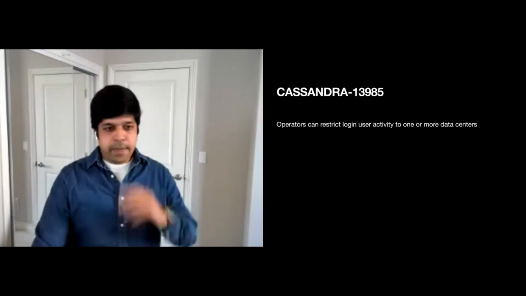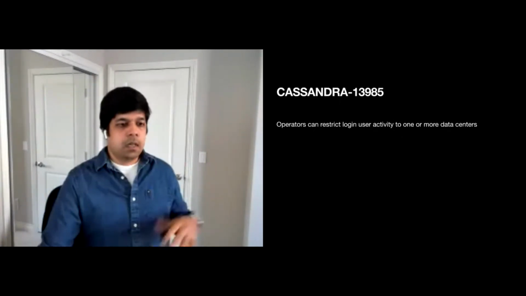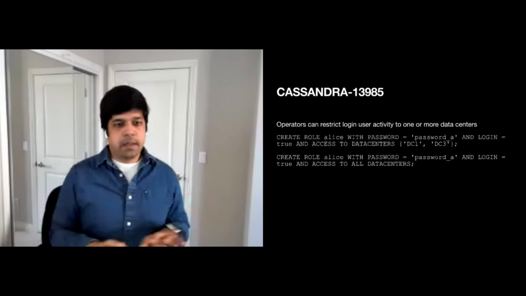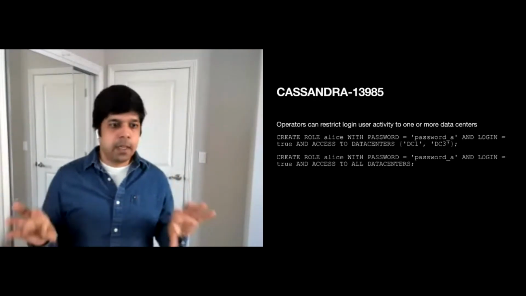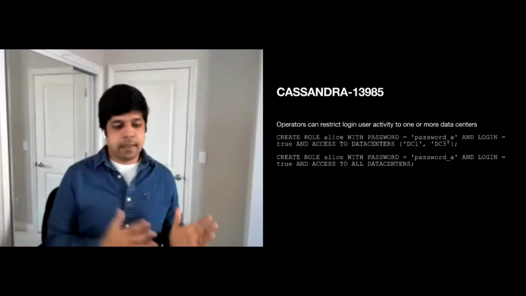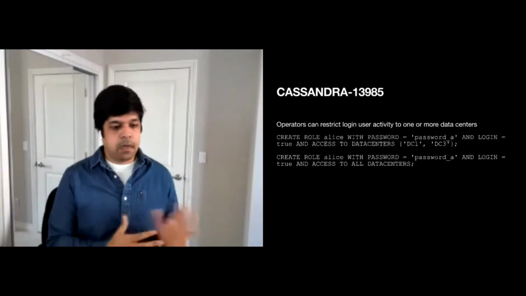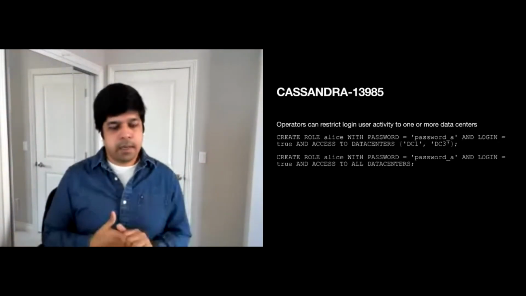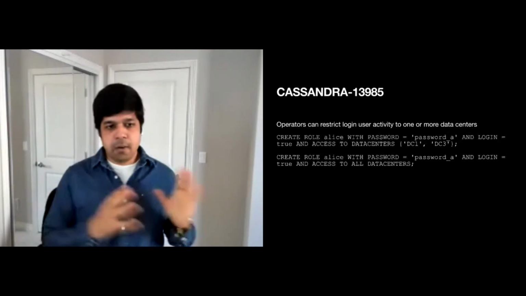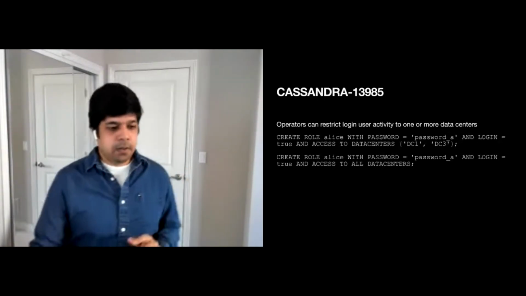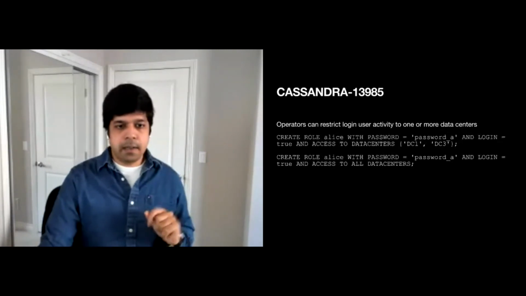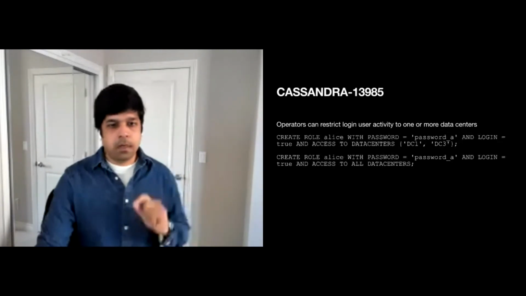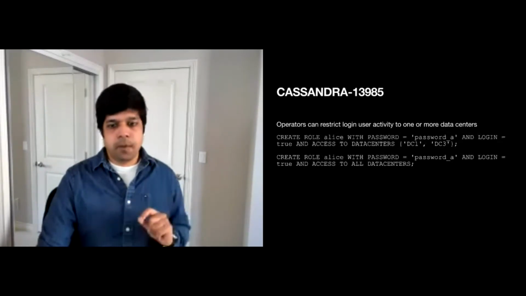It allows you to split access across the two different data centers so that a user doesn't accidentally run analytics queries on an OLTP cluster or OLTP data center. So that's a new feature. You can basically restrict access to a data center for each user.